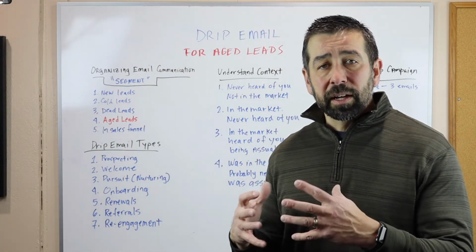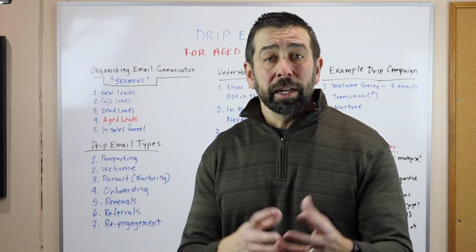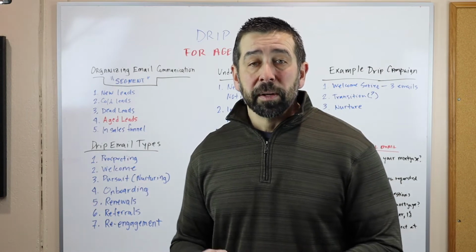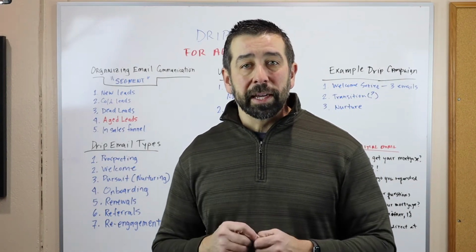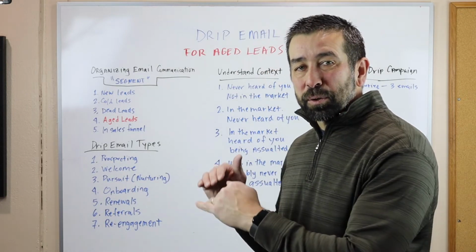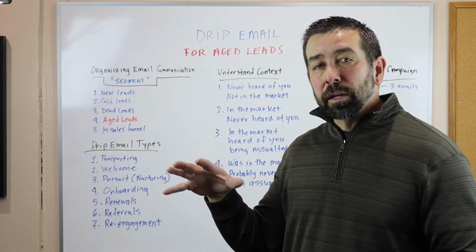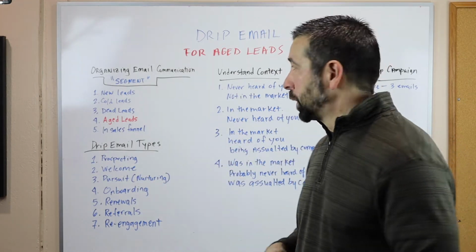These concepts and frameworks can be effective for any type of lead that you're working on. You just have to tweak the language inside of the actual email. So don't shut it off here. Let's go through all these things and I'll try to weave those in, but this is probably going to be geared a little bit towards insurance and mortgage.